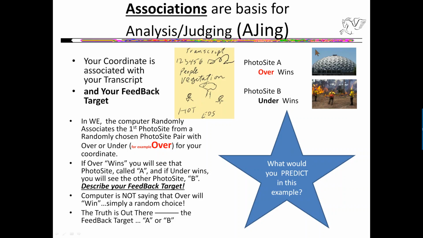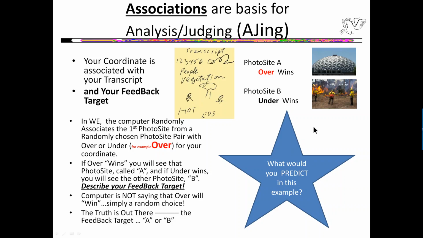So there are only two targets, one associated with over, one associated with under. And that's randomly chosen at the beginning. And whether or not it's photo site A or B depends on the outcome of the game.